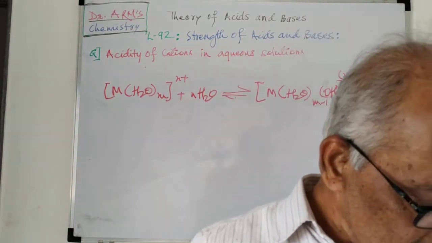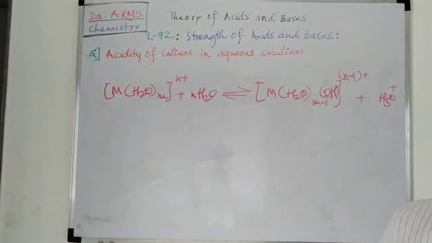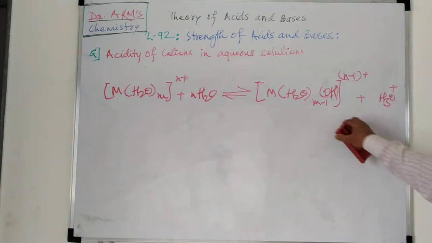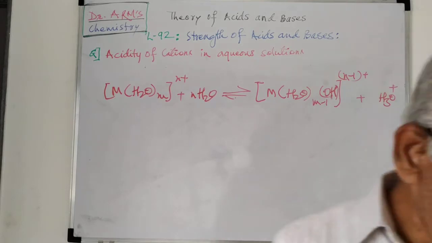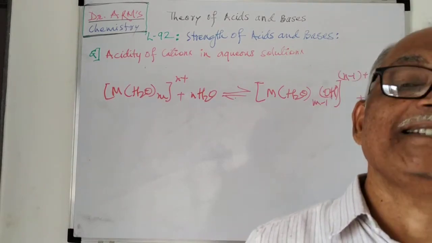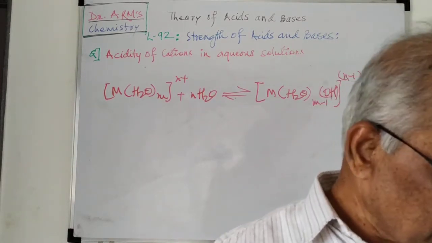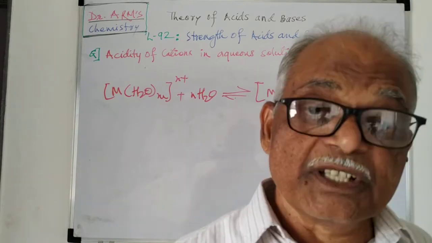So the hydroxides of these metal ions are formed in this way, which shows the acidity of metal cations. So this is one aspect.